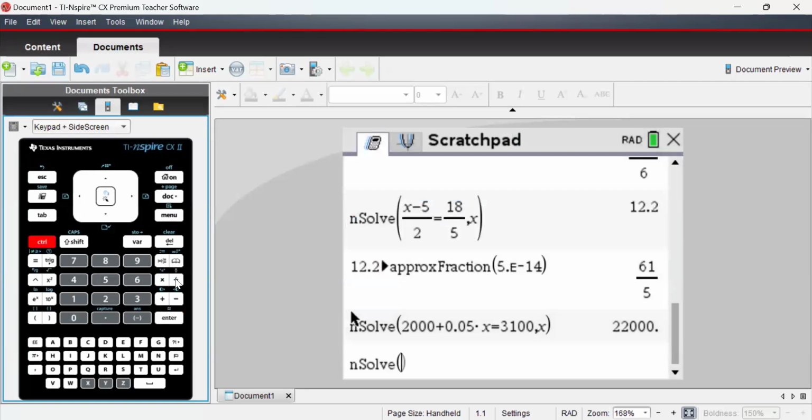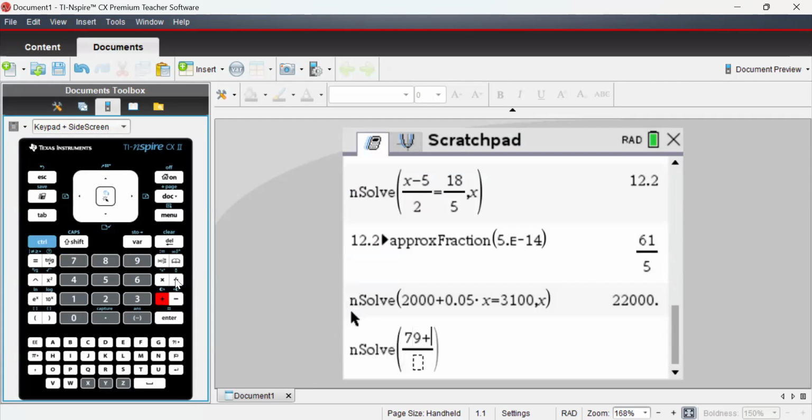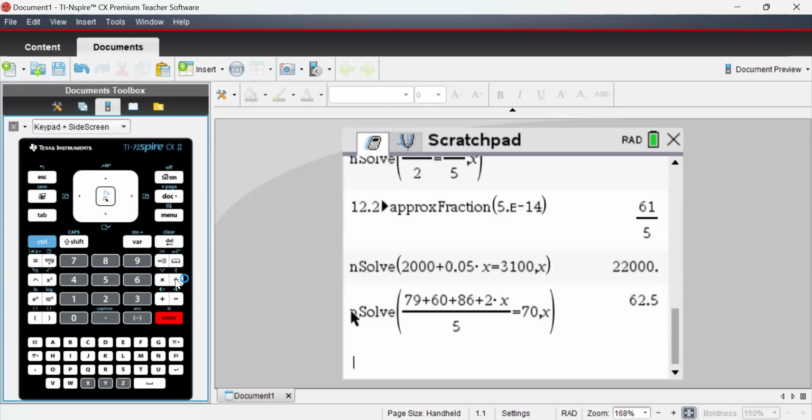Big fraction bar in. Get your comma X at the end. All right, so the minimum score to keep a C would be 62.5.